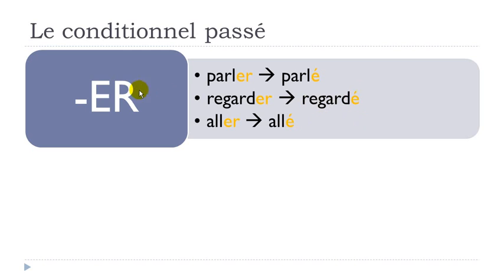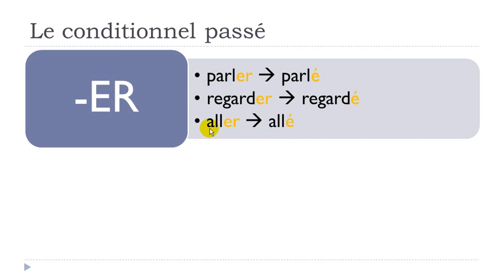And here, when we talk about the first group of verbs, we are really talking about a lot of verbs, okay? So many verbs will follow this simple rule, okay? So the second part that you will use for this conditional passé will be written like that if the verb is belonging to the first group of verbs.